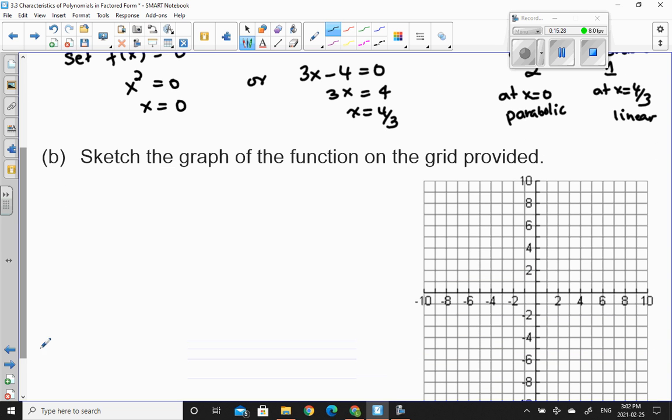Sketch the graph of the function on the grid provided. In order to sketch the graph, we could find the value of the function at different values of x.